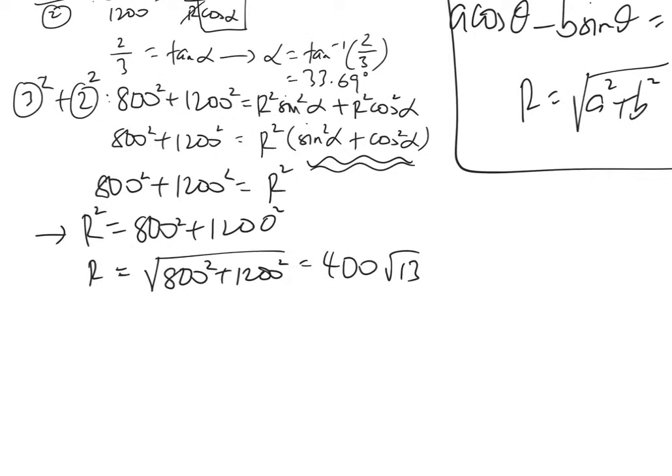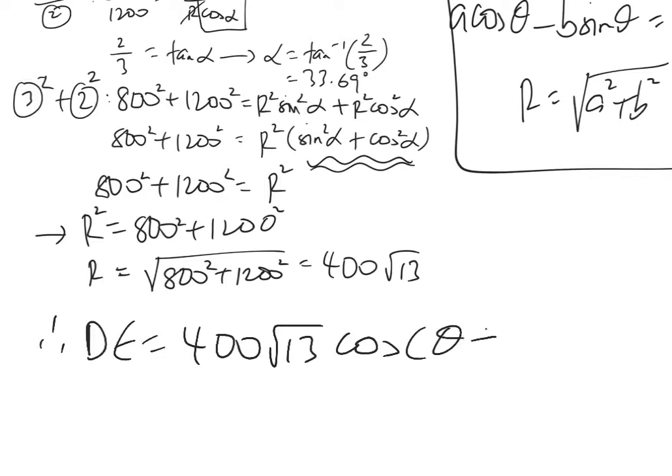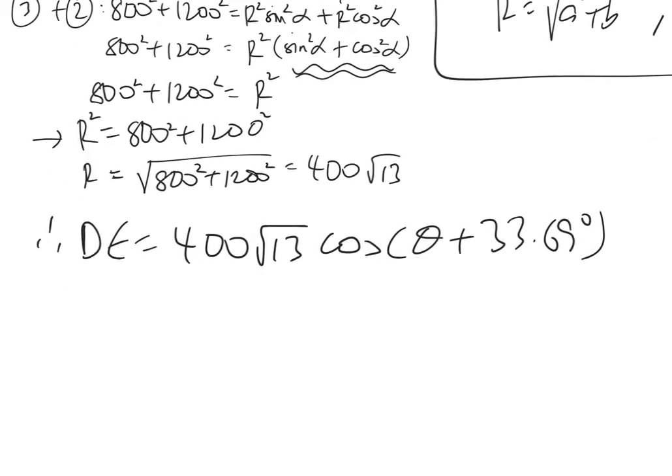So r is given already. We have alpha. We can therefore express dE in terms of r cosine theta plus alpha. Alpha is 33.69 degrees. That is the first part of the part 3.